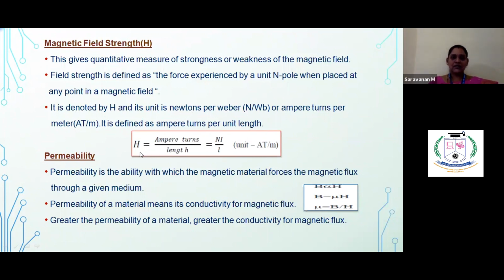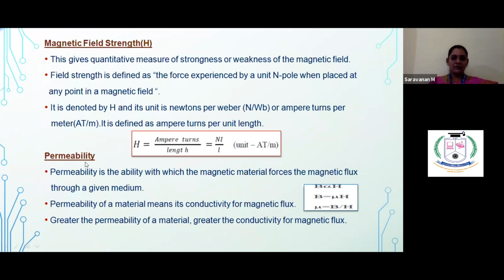So the magnetic field strength H is equal to ampere turns per the length of the coil. Ampere turns is Ni, the magnetomotive force, per length, and its unit is ampere turns per meter, or otherwise you can call it Newton per Weber.